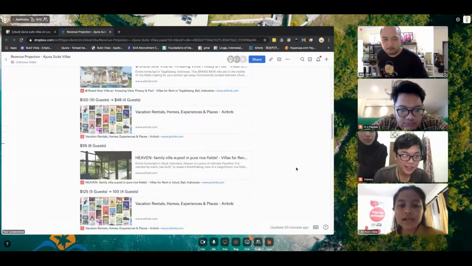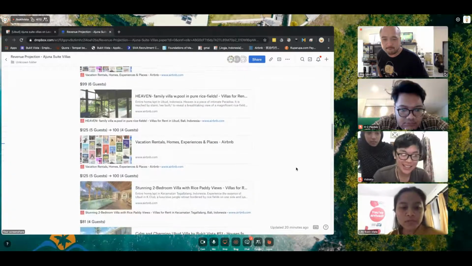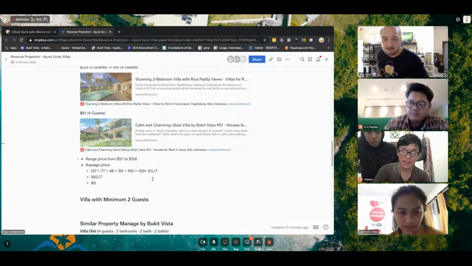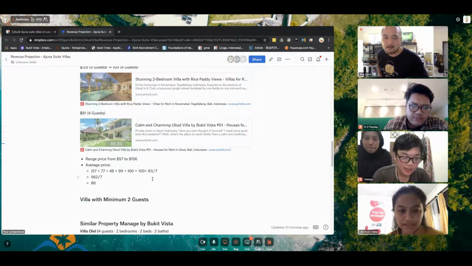From seven properties, I get the base price. It is about 80.